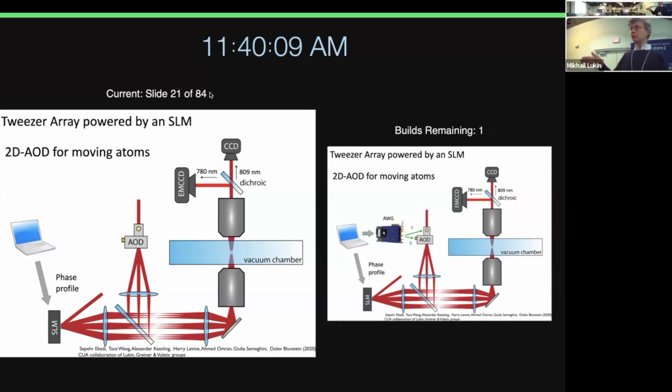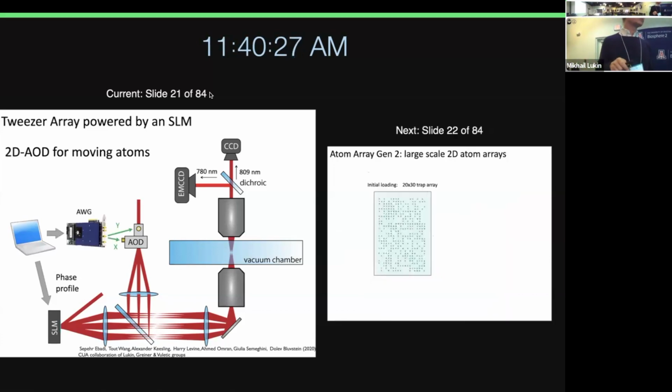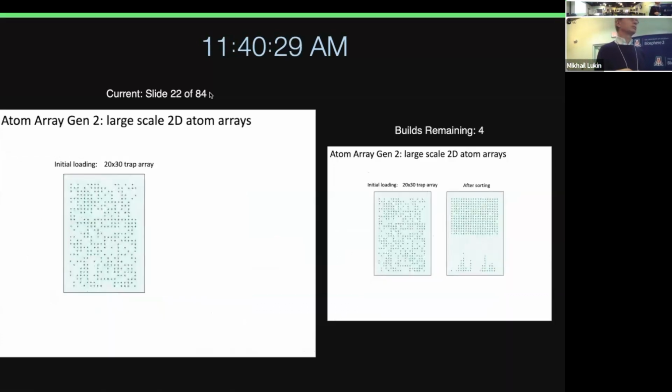It's similar to, if you have seen these barcode scanners in supermarkets, they often use these acousto-optic deflectors. It turns out that you can use it to generate dynamically movable tweezers. In this case, we use two of them to move both rows and columns of atoms independently. It's all, of course, computer controlled.